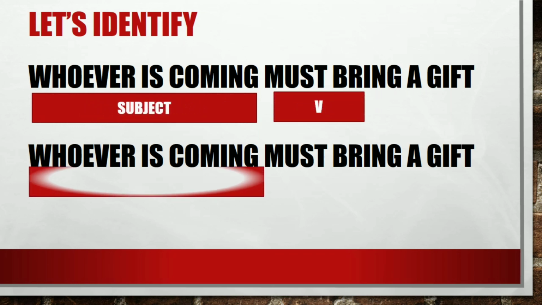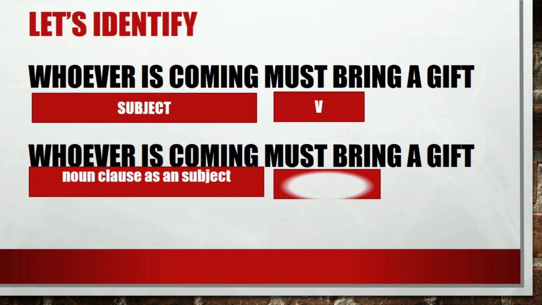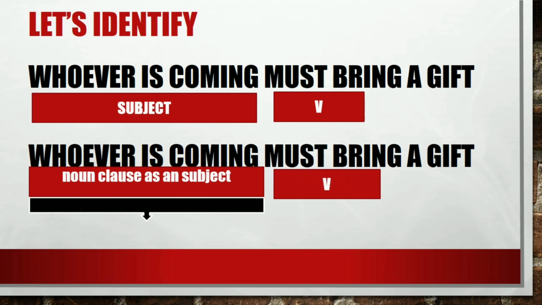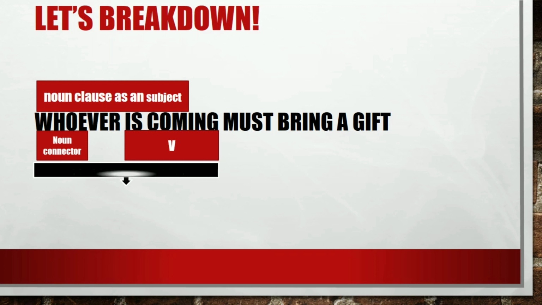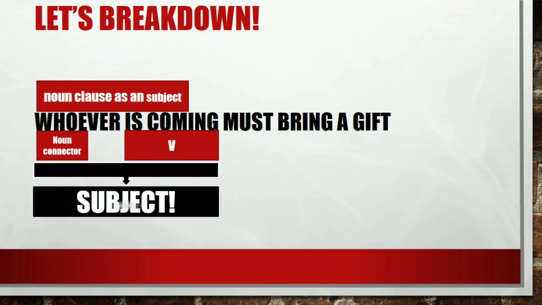It is a noun clause as a subject. How about the verb? The verb is must bring. Don't get confused with is coming and must bring. Is coming is the element of the noun clause, meanwhile the verb of the sentence is must bring. So if we find a sentence that begins with a noun connector, analyze it more just like what I said. Maybe it's a noun clause as a subject.